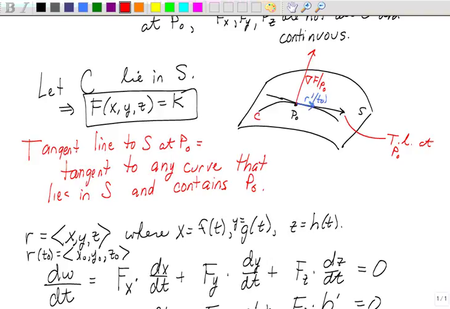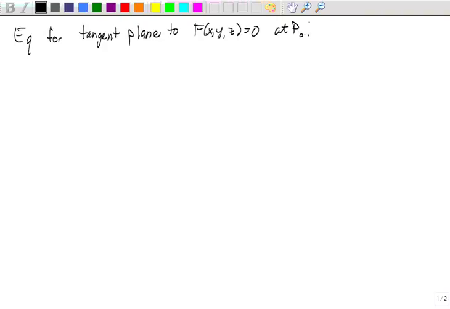So we can go ahead and get the equation for the tangent plane at the point, and that is fx evaluated at P0. This is using the tangent plane equation.